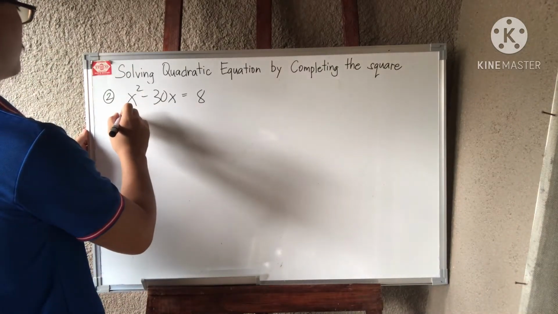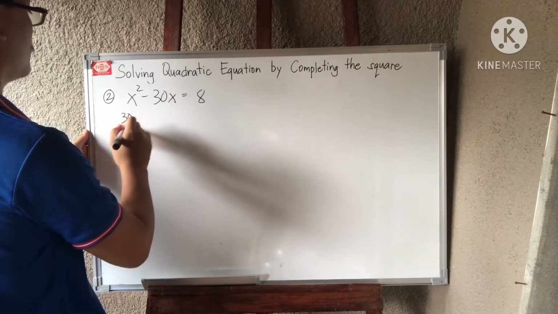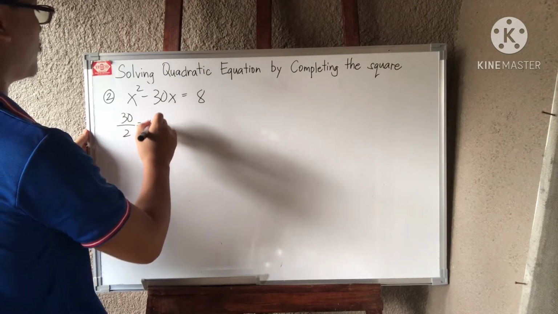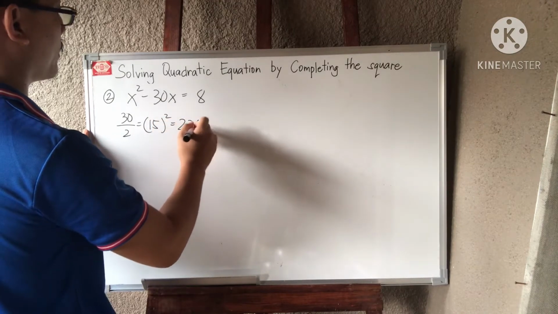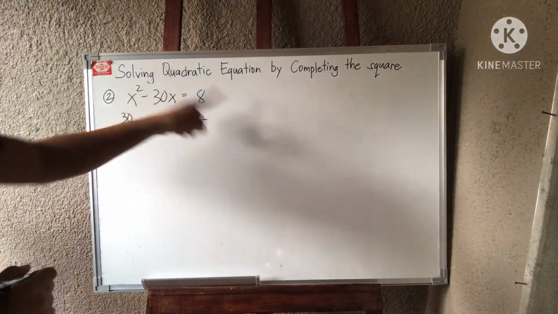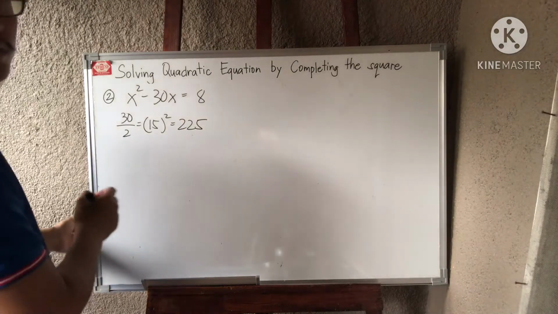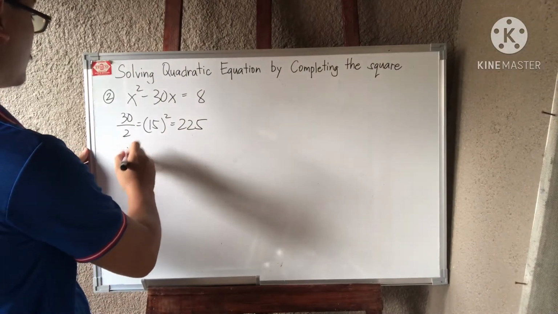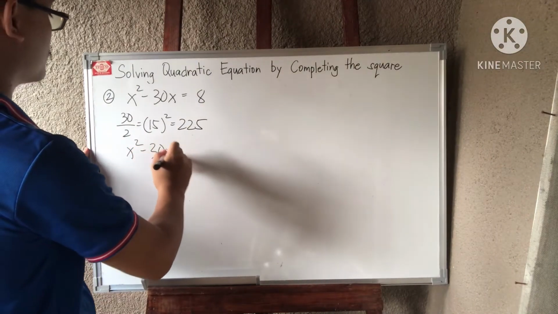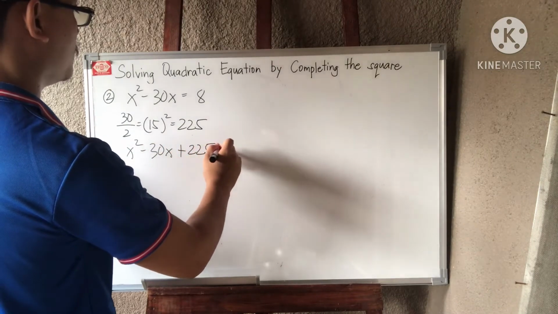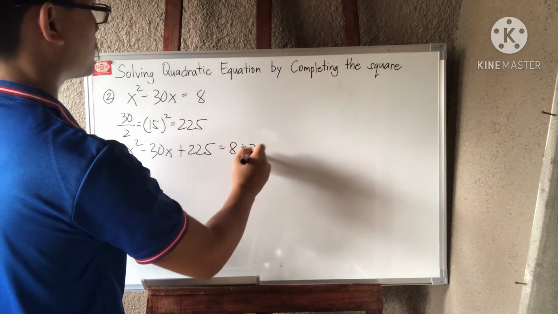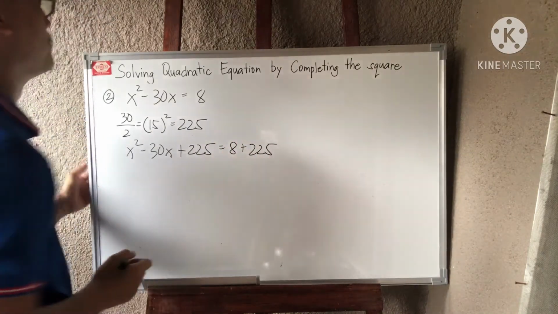So that is 30 divided by 2, that is 15. 15 squared is 225. Okay, so we're going to add 225 on both sides.